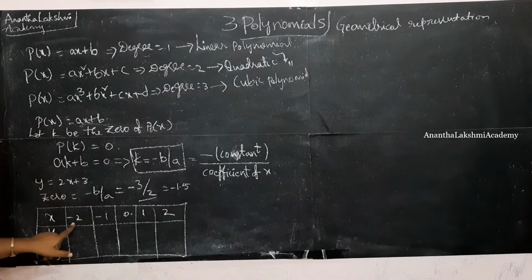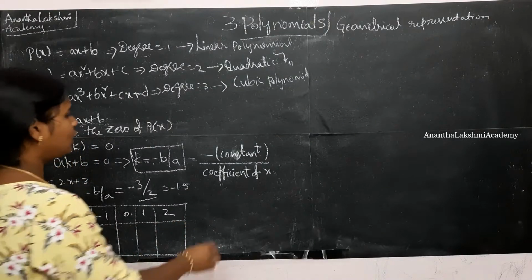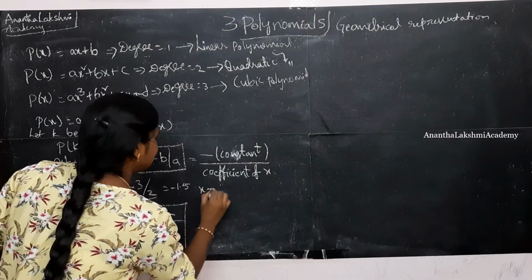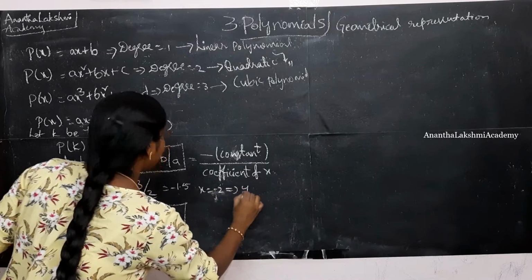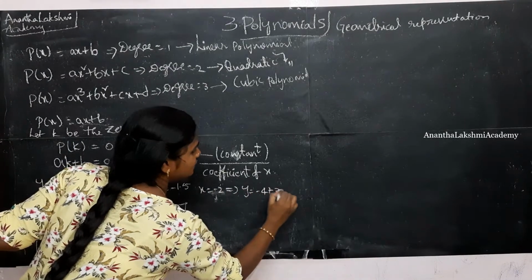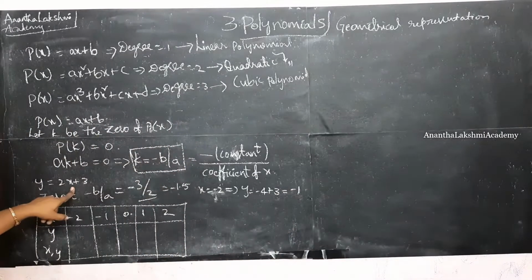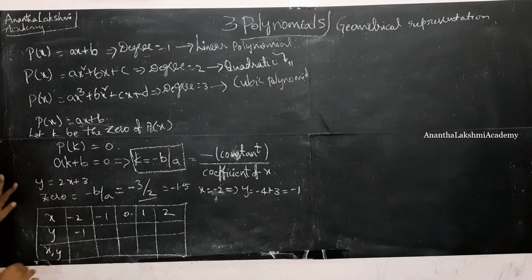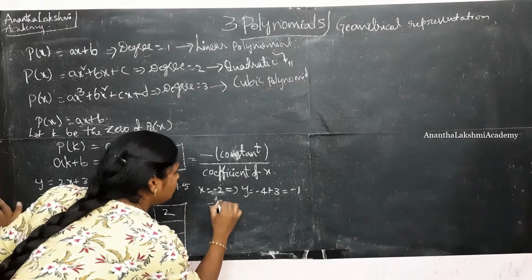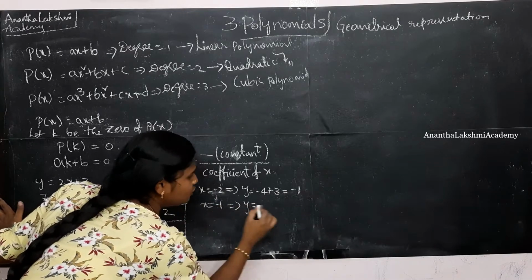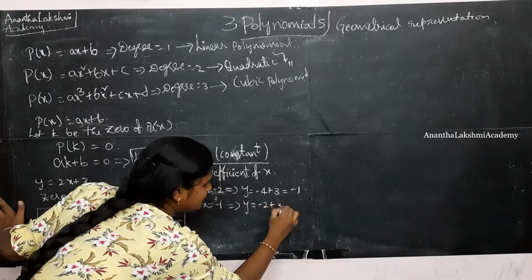When x is equal to minus 2, so what does y become? Y is equal to 2 into minus 2, minus 4 plus 3, minus 1. Alright. Next, when x is equal to minus 1, what does y become? Y is equal to 2x, 2 into minus 1 is minus 2 plus 3.